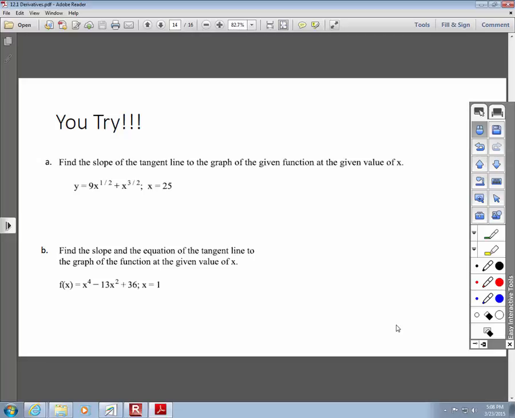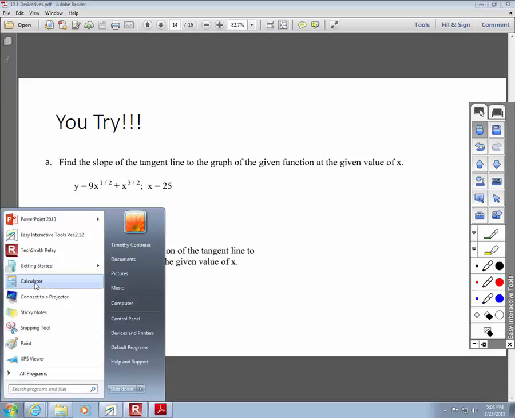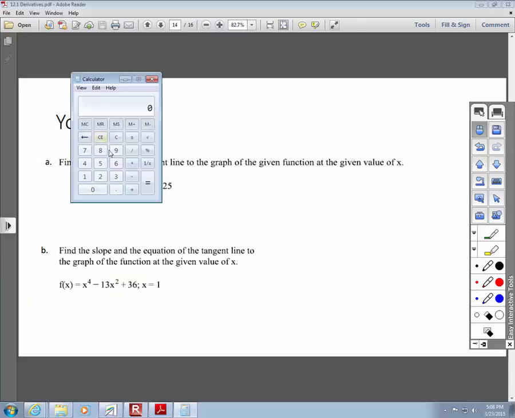All right, so 9/10 plus 15 over 2. What is that? What's 9/10 plus 15 over 2? Well, I'm going to get a calculator out of here. So 9 divided by 2 is what? 4.5.